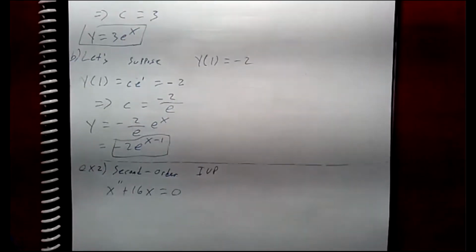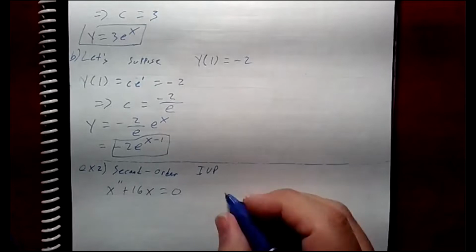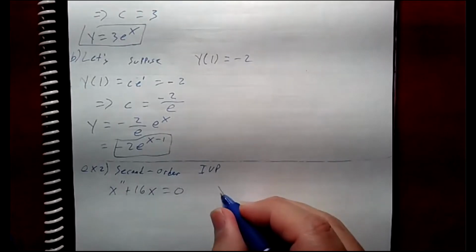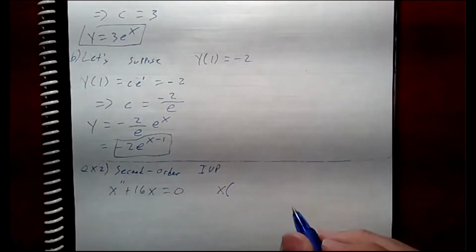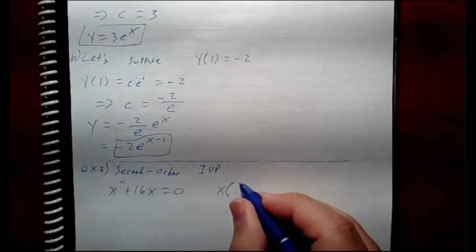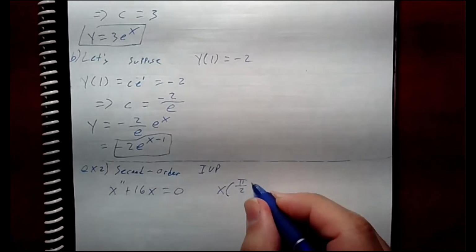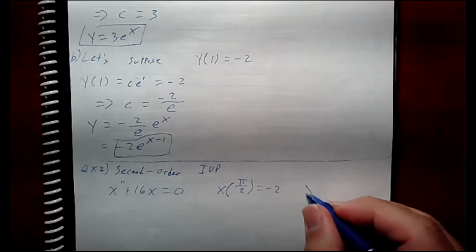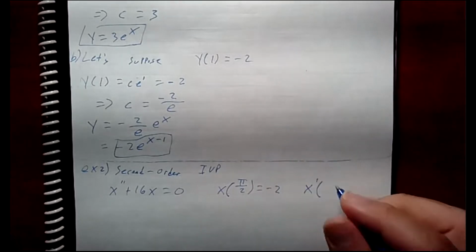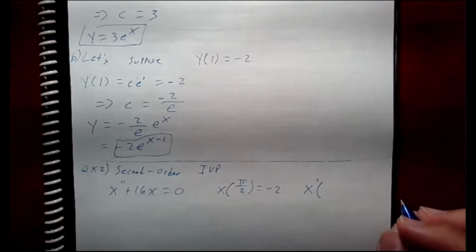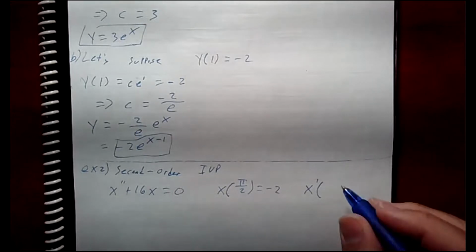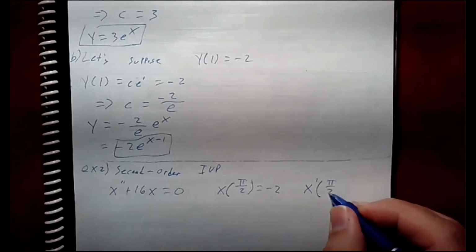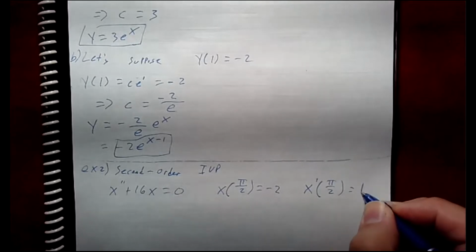Go ahead and use it. And they give me an initial condition for the actual solution, x of pi over 2 equals -2. And the initial condition for the first derivative, x prime of pi over 2 equals 1.